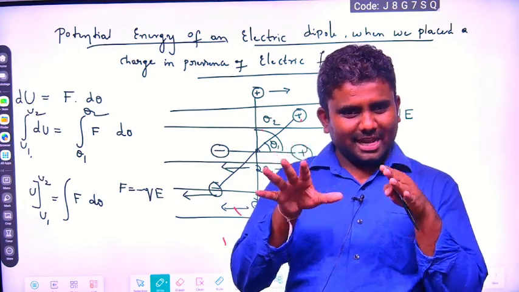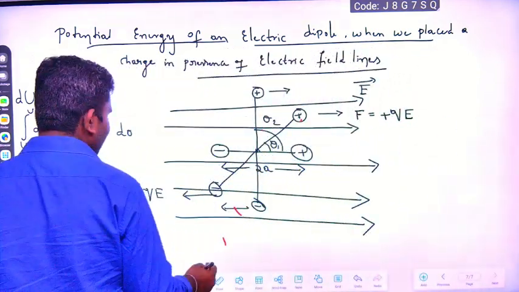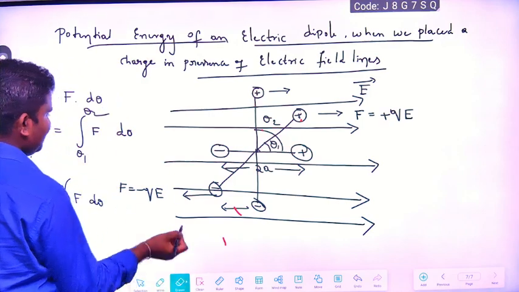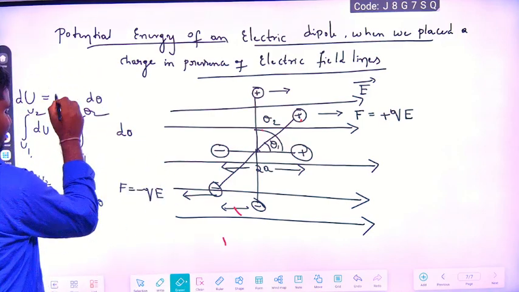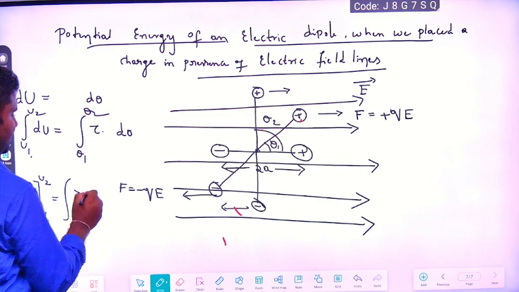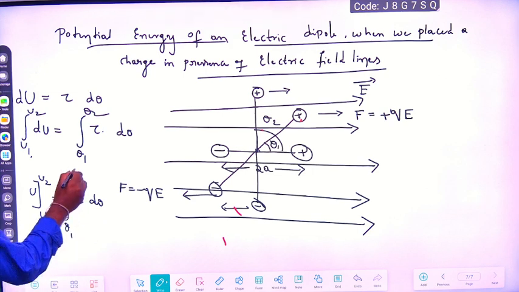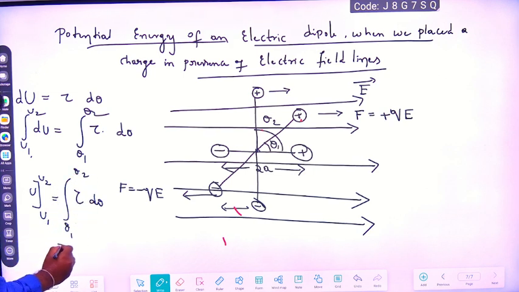Force is in translatory motion, torque is in rotatory motion. So instead of F, what you need to take is torque. Tau d theta, from theta 1 to theta 2. Understood? What is torque, man?